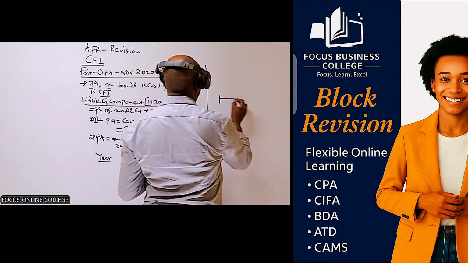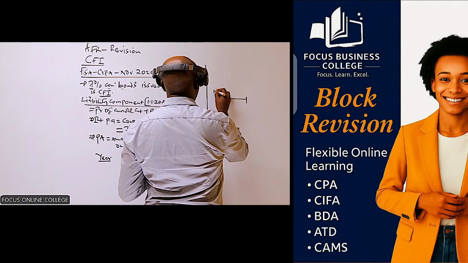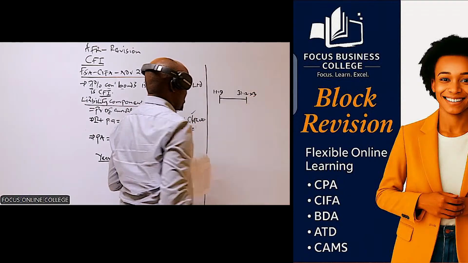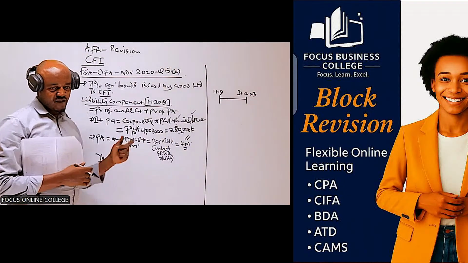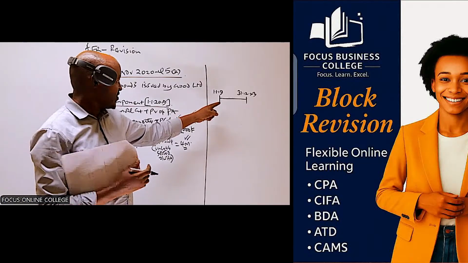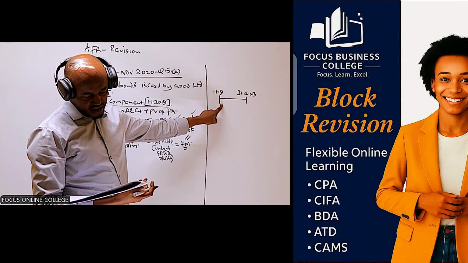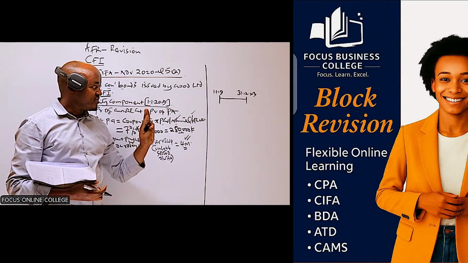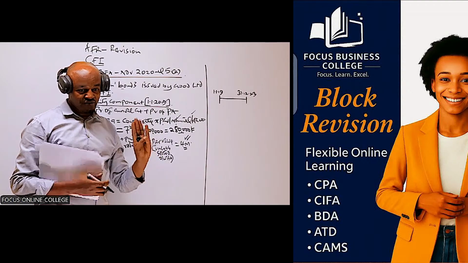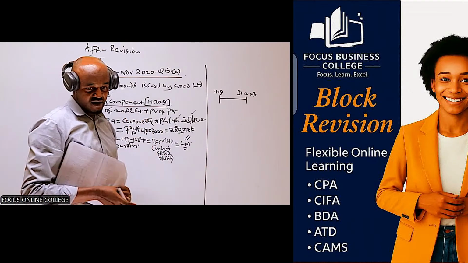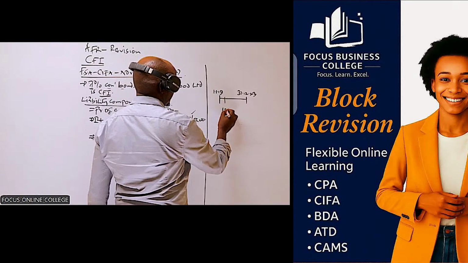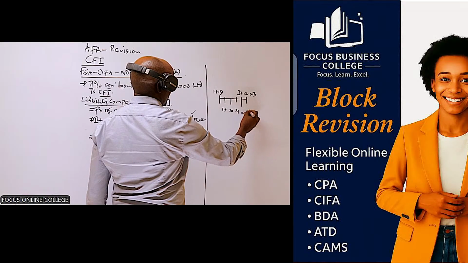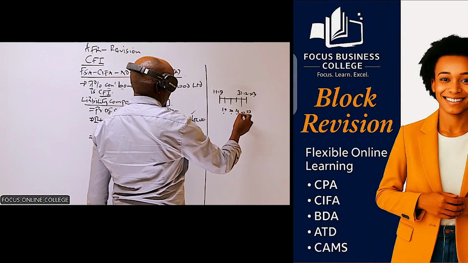How many years do we have between those two dates? 1st January 2019 to 31st of December 2023. The first year will end 31st of December 2019, the other 2020, 2021, 2022, 2023. Are those 4 years? They are 5, because we have 2019, 2020, 2021, 2022, 2023: 1, 2, 3, 4, 5.